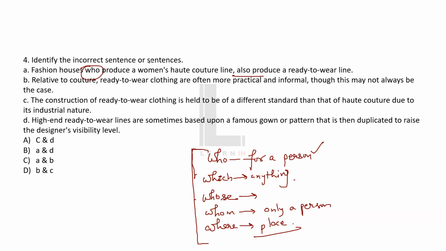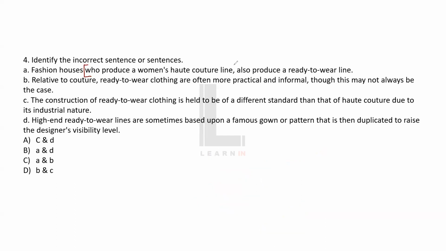See, what are you doing? Whenever there is a relative pronoun, this would be a modifier. This is a relative clause. Why is it a clause? Because produce. Who produce? Whatever has a subject plus verb is a clause, right?